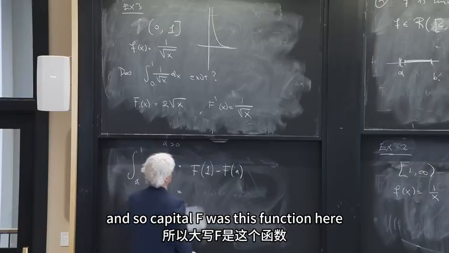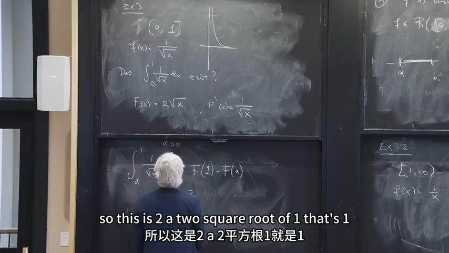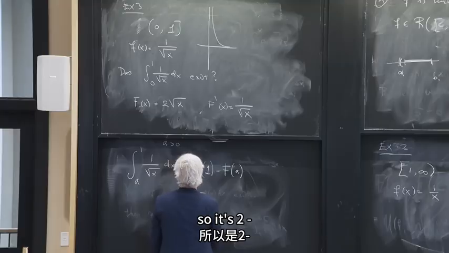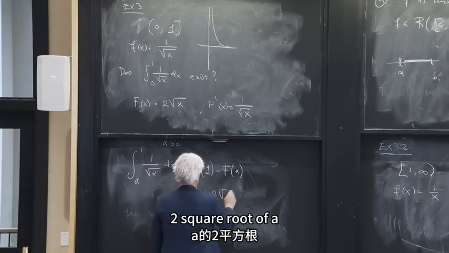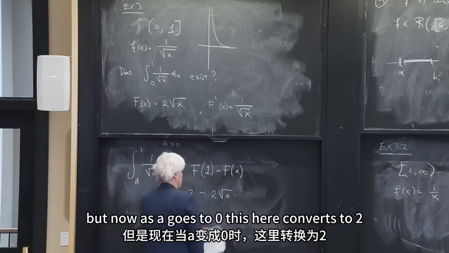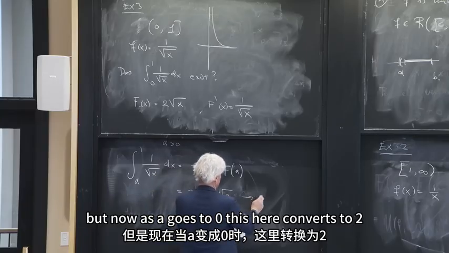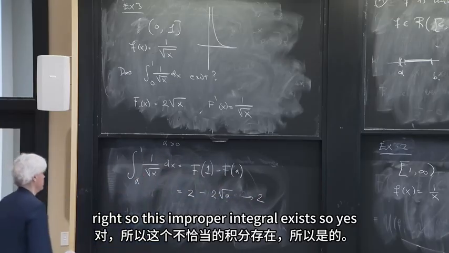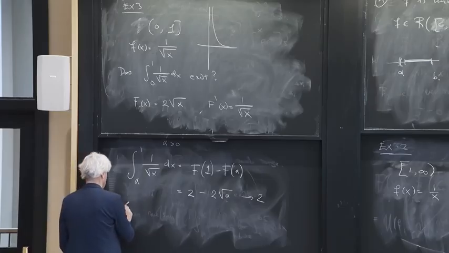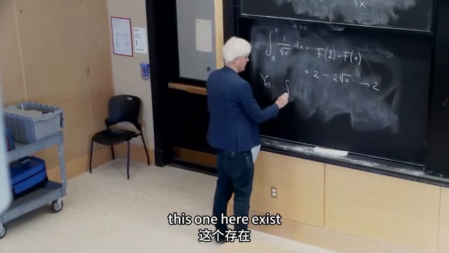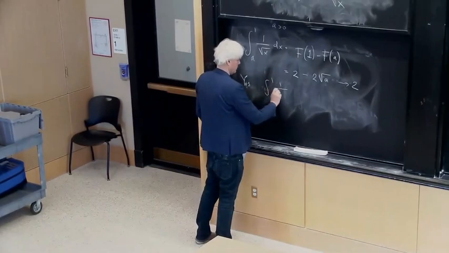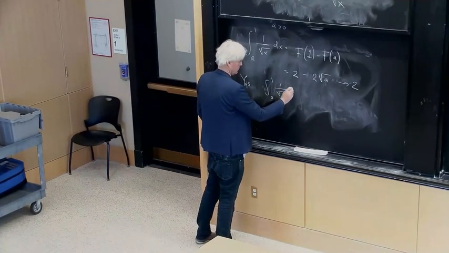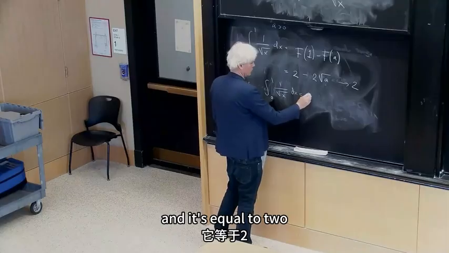And capital F was this function here. So this is 2 square root of 1, that's 2, minus 2 square root of a. But now as a goes to 0, this converges to 2. Right? So this improper integral exists. So yes, this one here exists and is equal to 2.